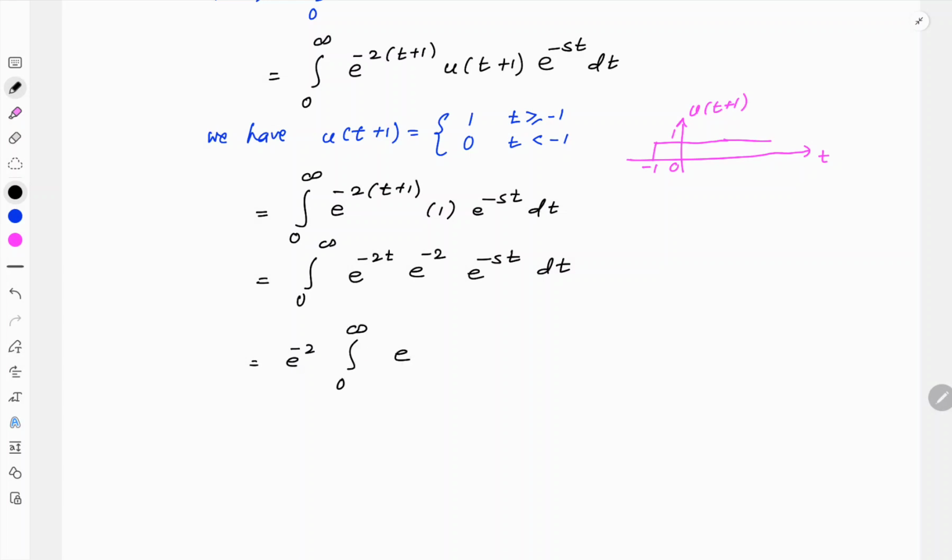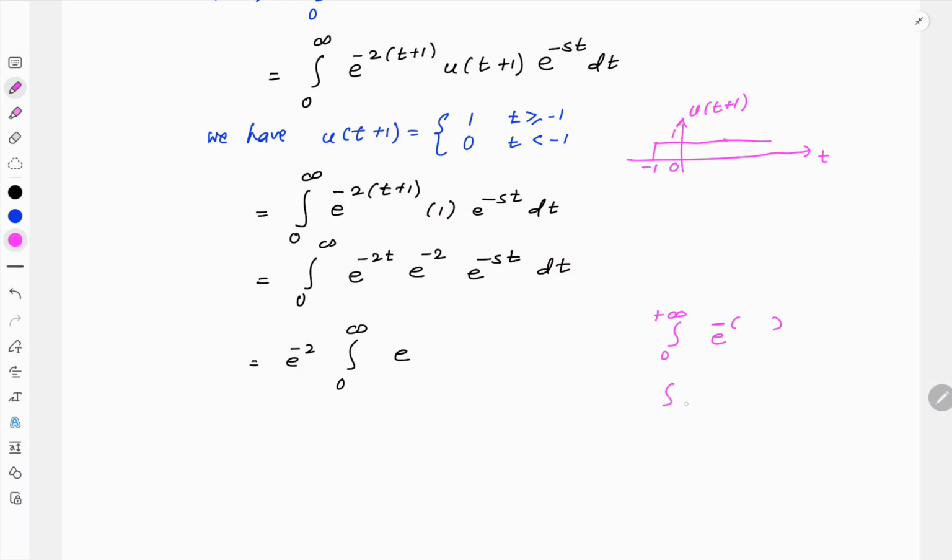Now let us take these two terms together, e raised to minus 2t and e raised to minus st. Now remember, whenever you have a Laplace transform and the limits of integration are from 0 to infinity, that is, if you have positive infinity in your integration, always take e raised to the minus sign common.